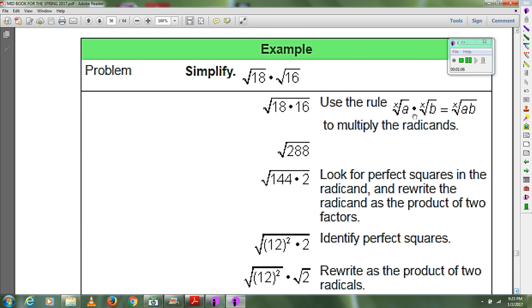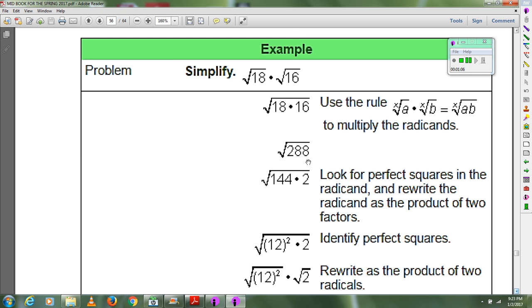We apply the property that square root of a times square root of b is square root of a times b. So we put the 18 and the 16 under one square root symbol. Next we multiply, which gives us 288.